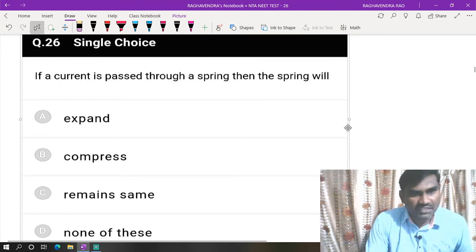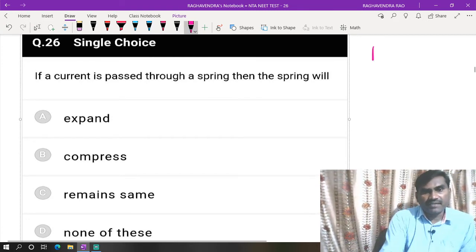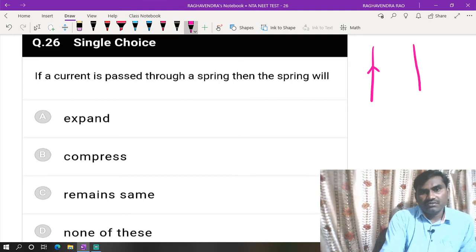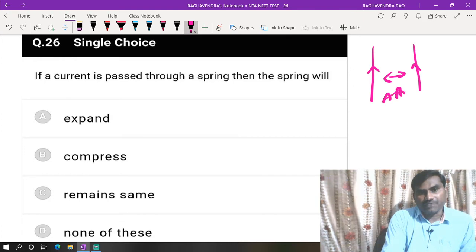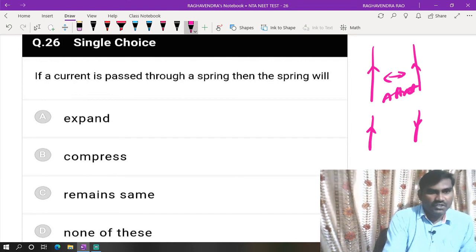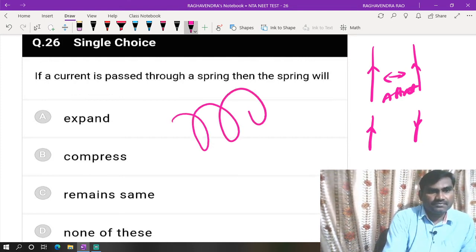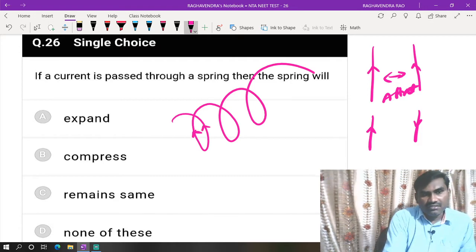Now, if a current is passed through a spring: when current passes through two parallel wires in the same direction, there is an attractive force. If the current flows in the opposite direction, there is a repulsive force. When you take a spring, the current is in the same direction in every loop.